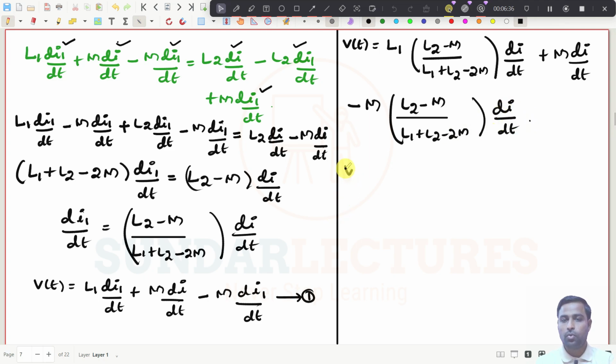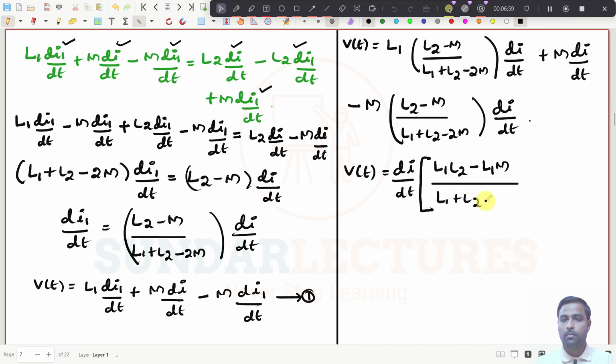Right, now what you do? You just multiply and take di by dt commonly outside, and you see I have to multiply this one, right? So L1 into L2 minus M, minus L1 M divided by L1 plus L2 minus 2M, this term multiplication.